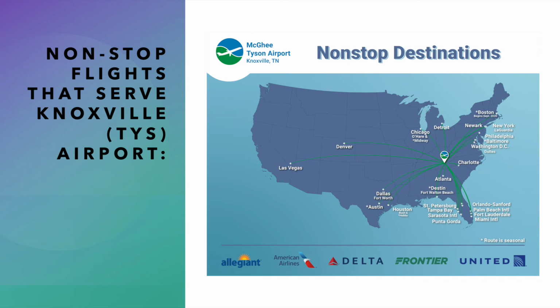However, due to the COVID situation, we do not know if this is going to happen or not. And there are a lot of destinations in the state of Florida with sunshine beaches. We also have some nonstop flights to Las Vegas, Dallas, Denver, Chicago, and Detroit.